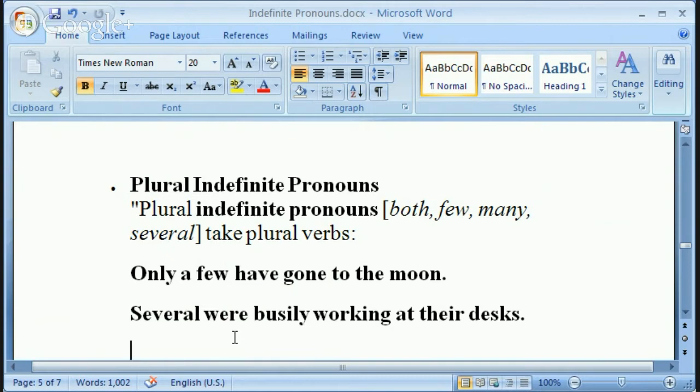A lot of books have many information. All right, let's look at this here.